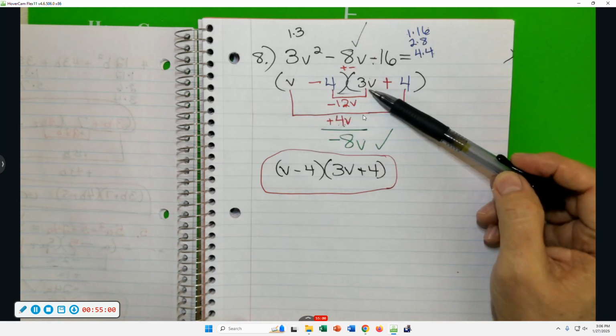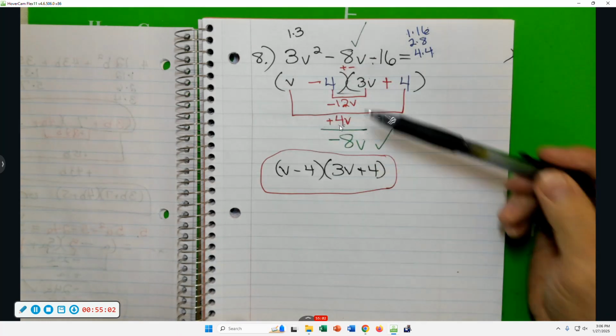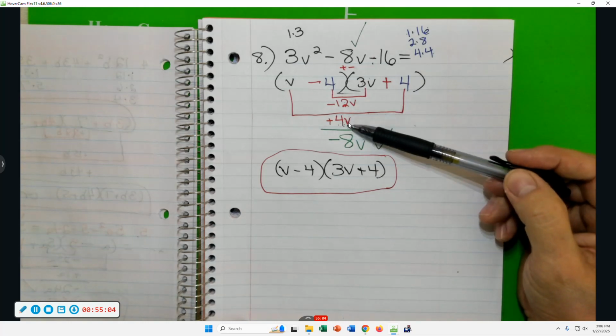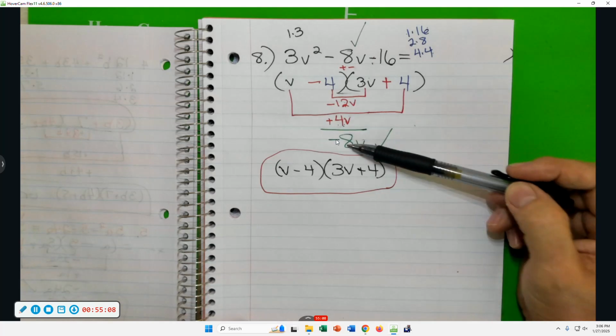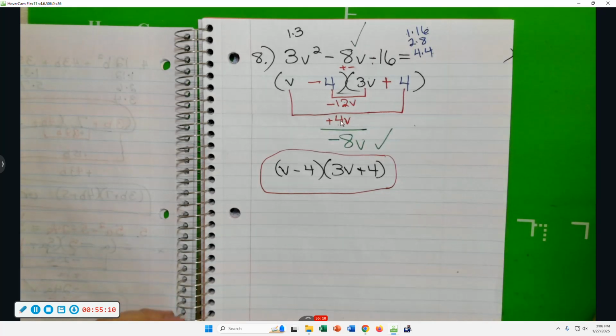V times V, you get a V squared. When you're adding and subtracting, you have to have the same variable part, V, yes we do. You add or subtract the coefficients. 4 minus 12 is just a negative 8. It's not 8 squared. It's only when you're multiplying that you get the square.